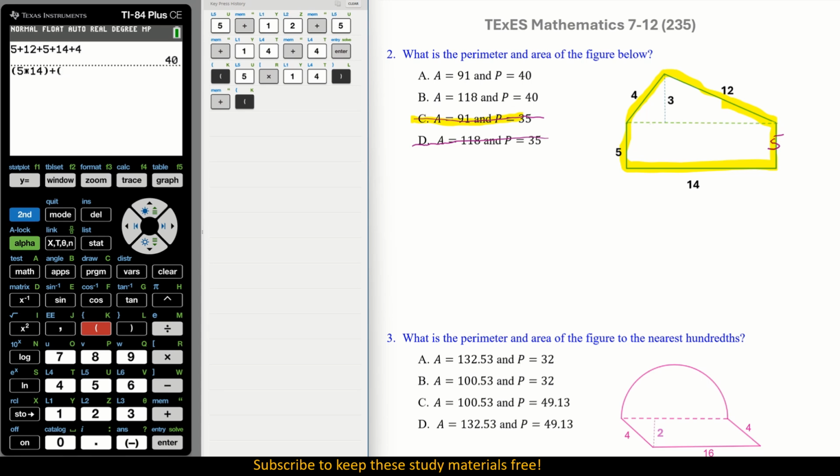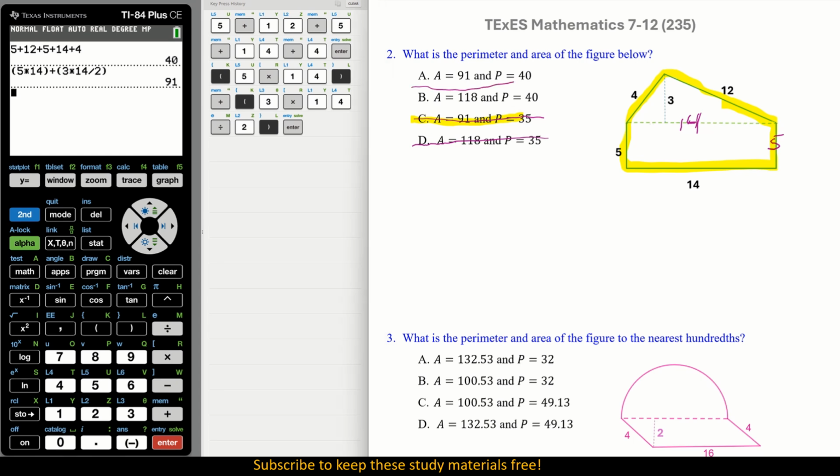Well, actually, this will be 14. So we have 3 times 14 divided by 2, close parentheses and push enter, 91. That gives us option A.